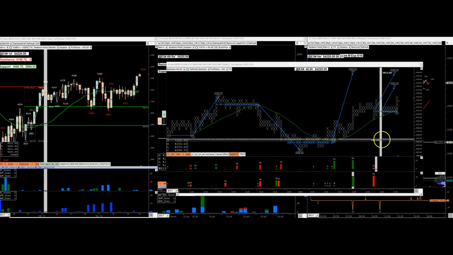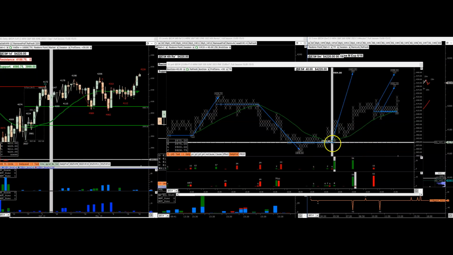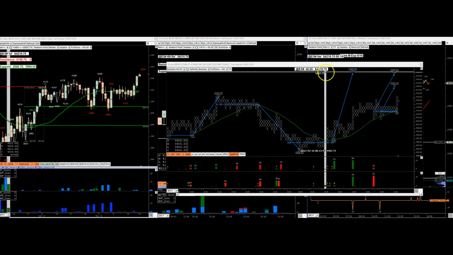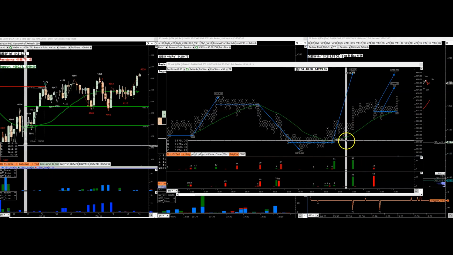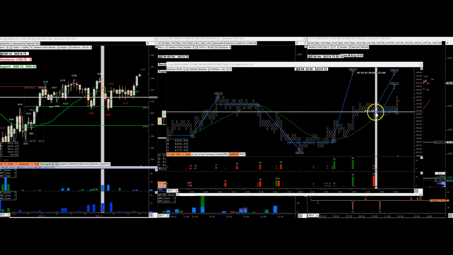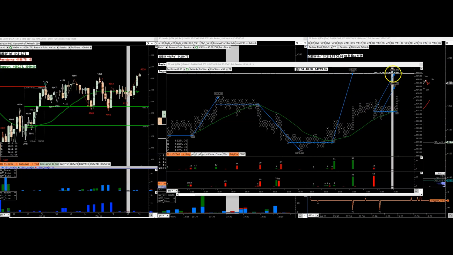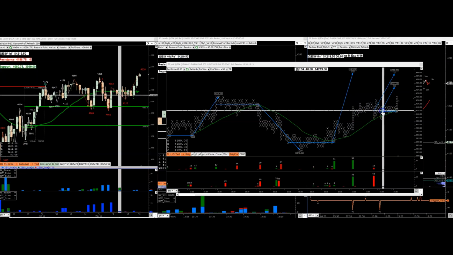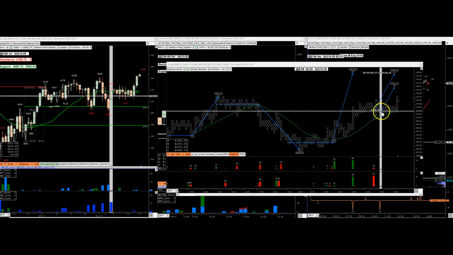A little picky. Anyway, what did I do? Okay, so the 4,400 base projects 4,400. Stepping stone count also projects it. Get rid of these little counts, I wanted to keep it simple.